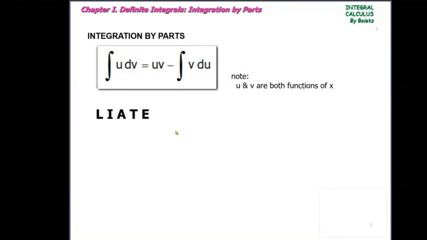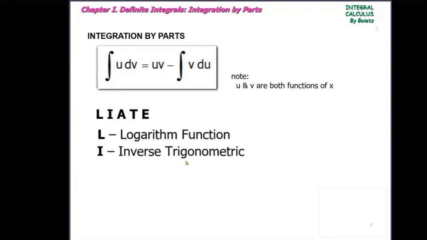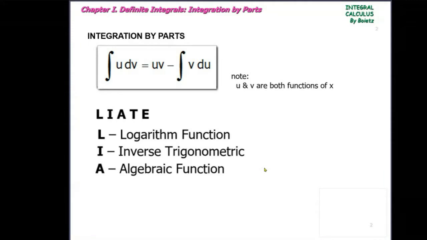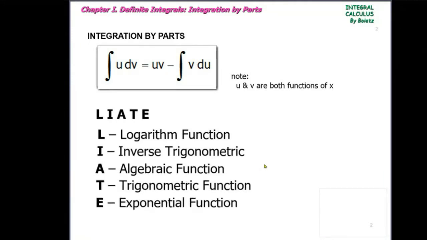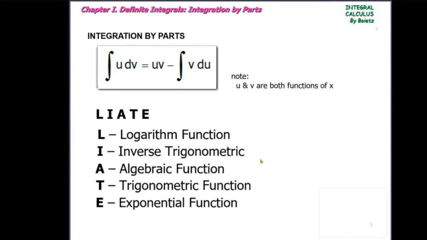Kasi pagka hindi mo sinunod yung arrangement na to, kung alin ang uunahin mo, ang ibig sabihin lang, ang u mo, kung merong combination ng functions, for example, logarithmic, inverse trigonometric, algebraic, trigonometric, tapos exponential. Then yung mga ibang function, yung hyperbolic, hindi na masyadong importante yon.